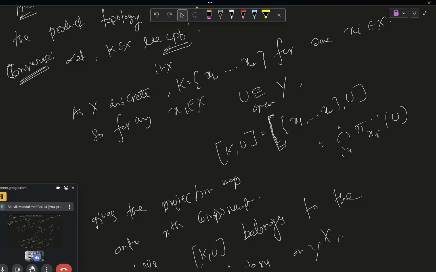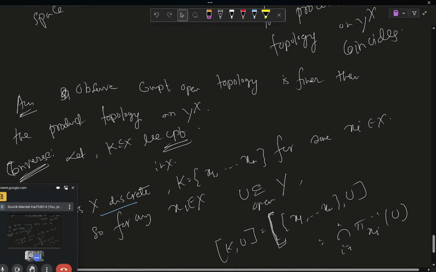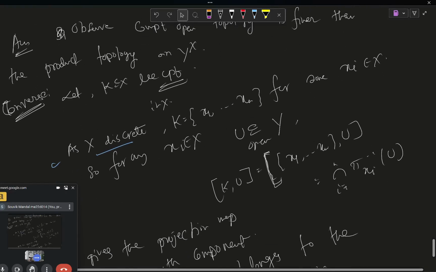Now since X is discrete, first of all observe that the compact subset is finite. So one part is done. Now for the converse part, let's observe the following. Let K subset of X be compact.